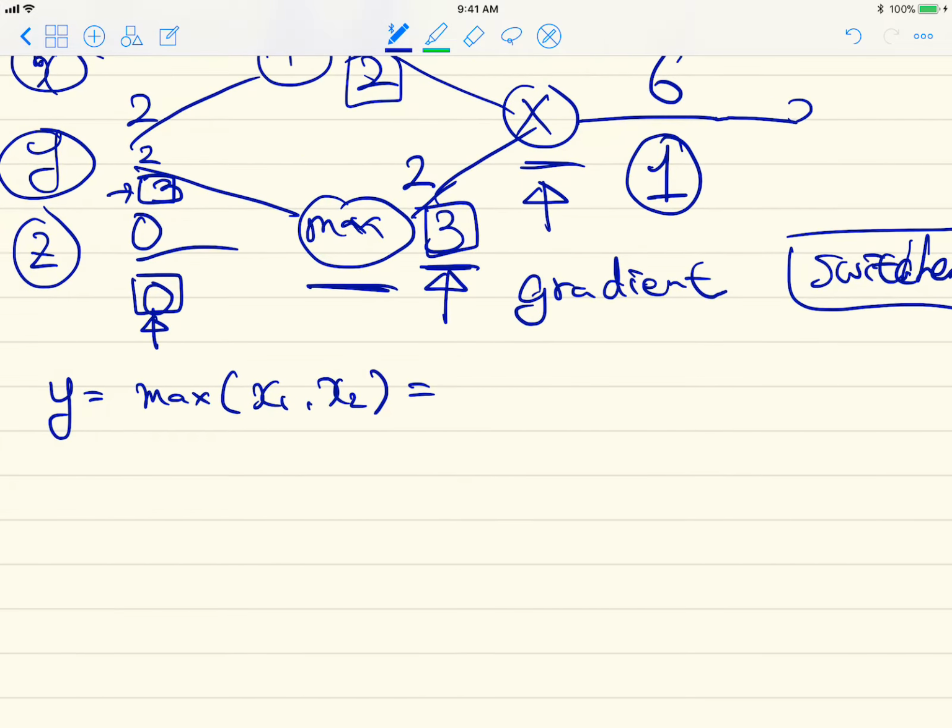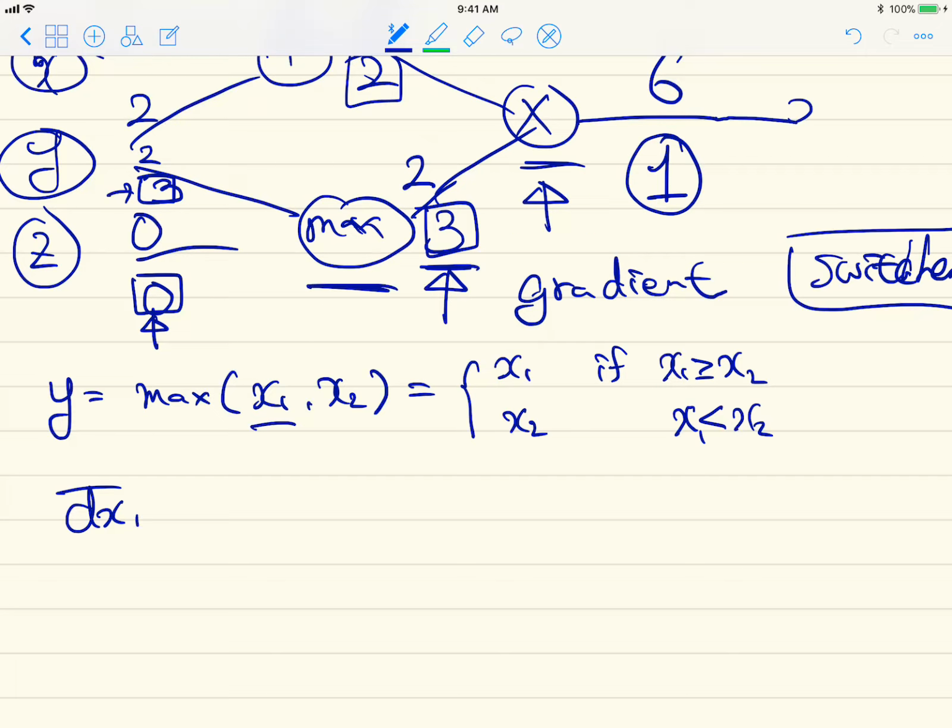You guys already studied at least the backpropagation quite well. So let me derive it simply. We have x1 and x2, and if x1 is greater than or equal to x2, and otherwise, like this, right? So we have to do the partial derivatives, dy over dx1.